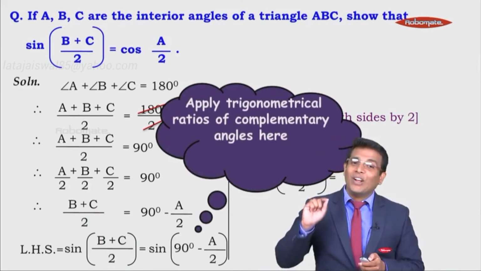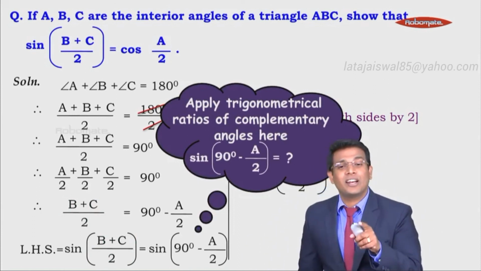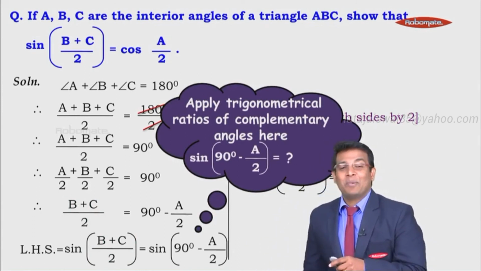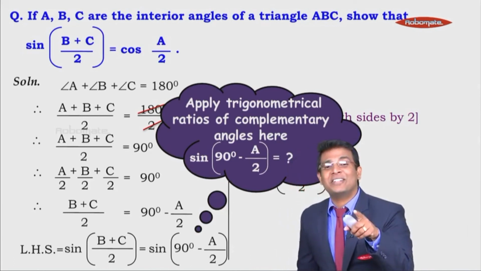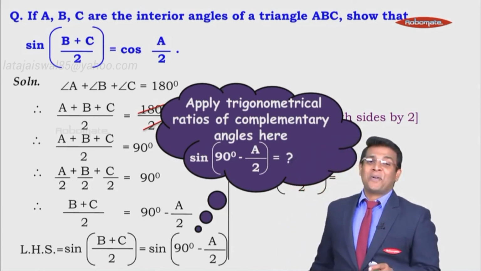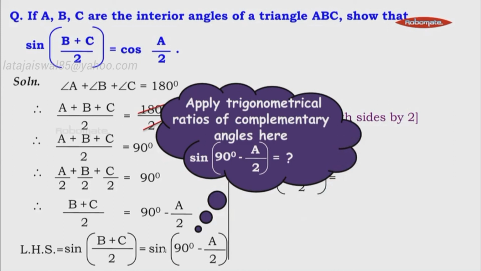Now, observe that, we got sine of (B plus C) upon 2 is equal to sine of (90 minus A upon 2). Here we can apply trigonometrical ratios of complementary angles because it is in the form of sine (90 minus theta), where theta is A upon 2. According to the trigonometrical ratios of complementary angles, we know sine (90 minus theta) is equal to cos theta.